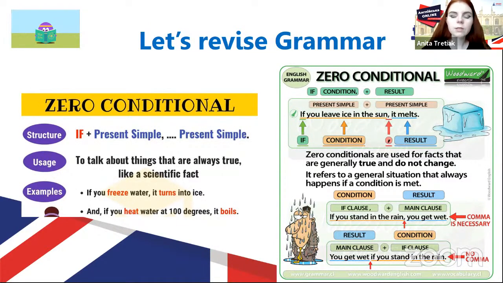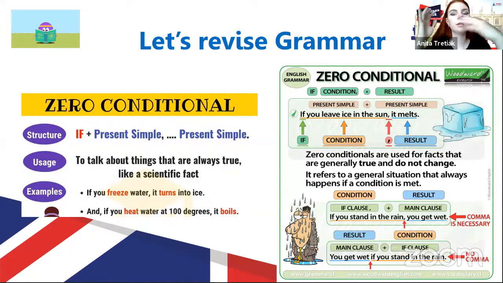And in this case, if you have the result first and only then the condition, you don't need to use a comma. You can see it here. If you stand in the rain, comma, you get wet. Comma is necessary. You get wet, no comma, if you stand in the rain. So no comma here. It's not necessary because the result goes first.